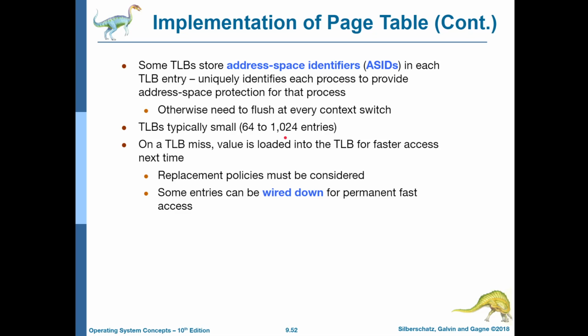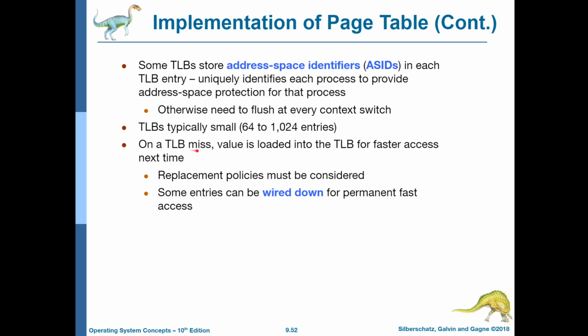When a TLB lookup is made, there are two conditions. Either the entry is there or it's not. When the entry is not in the TLB, we have a TLB miss. On a TLB miss, the steps taken to access the page table in memory are taken. And so we end up having the two memory accesses, one for the page table and one for the value in memory.